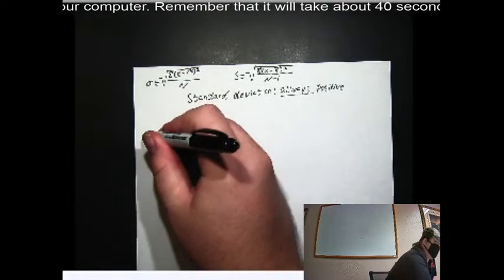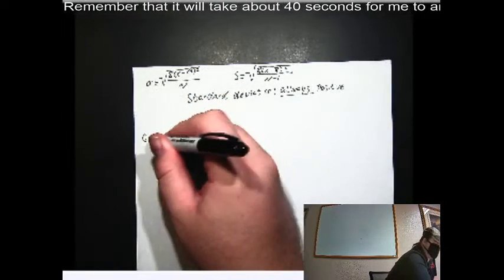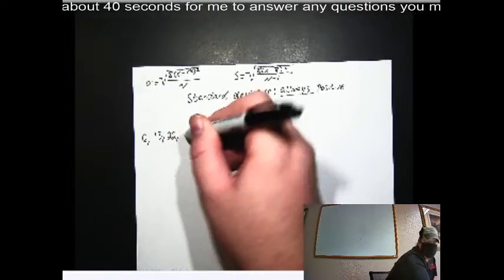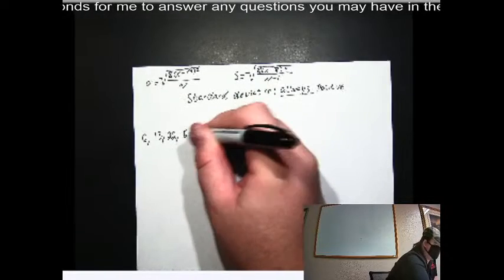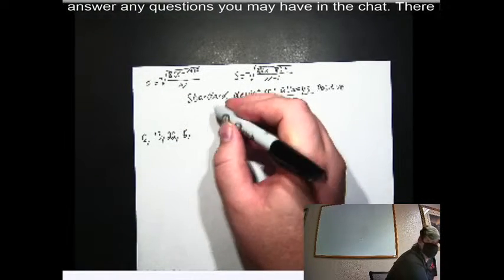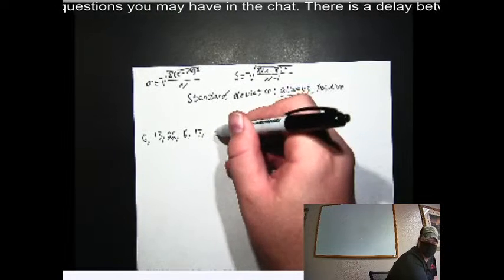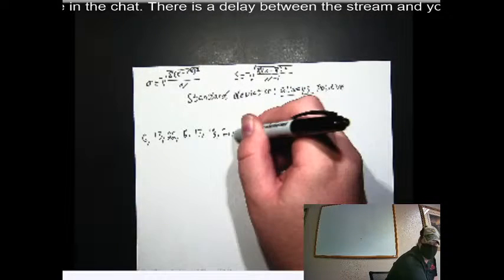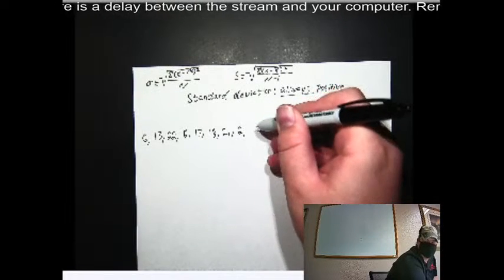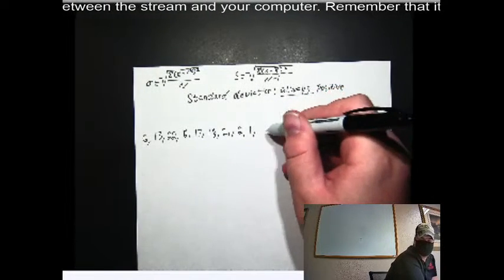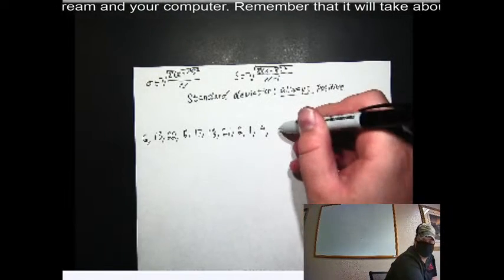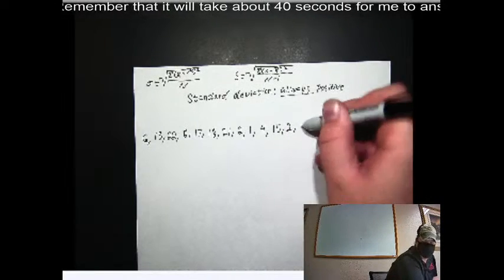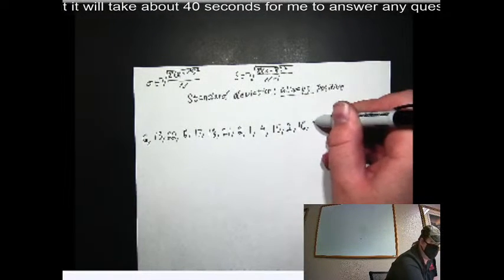So if I have a set of data, let's say 6, 13, 22, 5, 17, 18, 21, 2, 1, 4, 15, 2, 16, and 14.